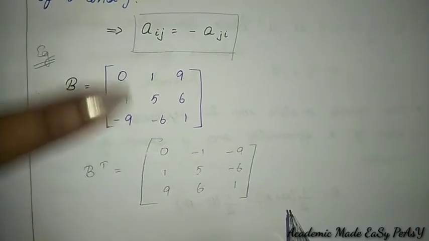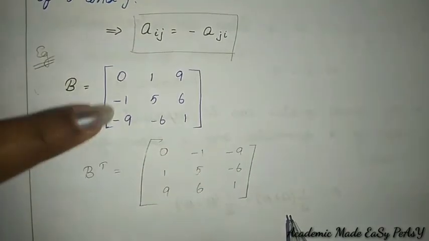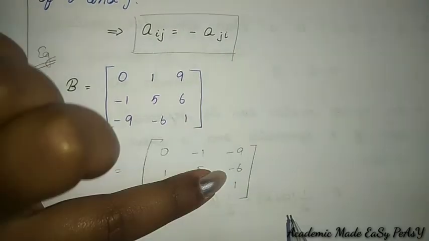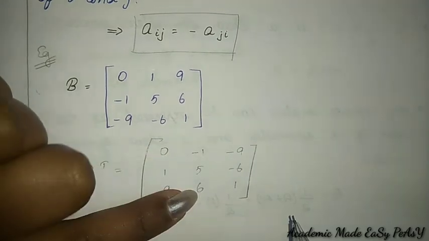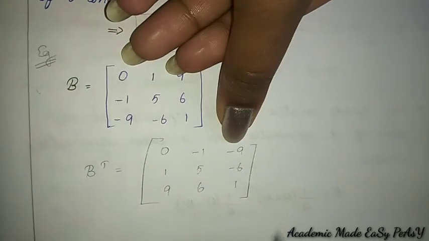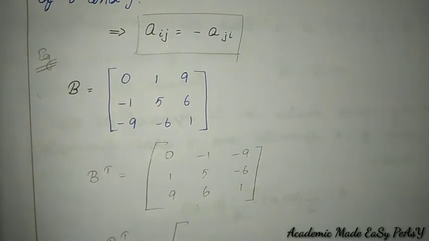See here: 0, 0; 1, -1; 9, -9; -1, +1; 5, 5; 6, -6; 9, -9; +9, -6, +6; 1, 1. See, everything is negative, isn't it? So B transpose is equal to negative of B.